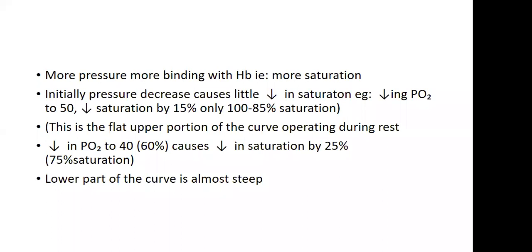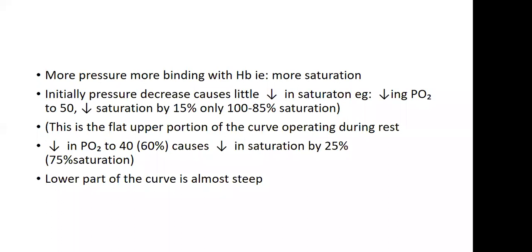Decrease in the partial pressure of oxygen to 40, पार्शल प्रेशर पहले 50 तक ले आए हम, अब 40 तक ले गए कि 60% डिक्रीज कर दिया, लेकिन 60% सेचुरेशन में डिक्रीज नहीं होता, सेचुरेशन में सिर्फ 25% होता है.